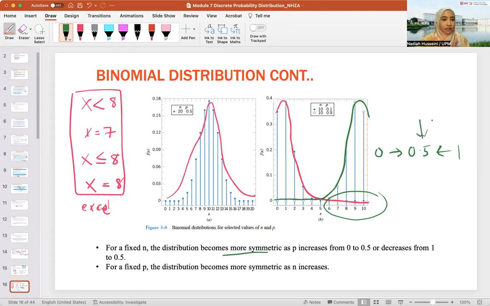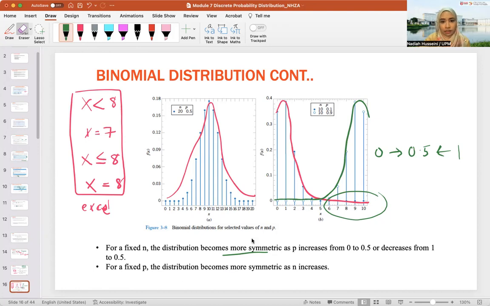So 0.5 is the ultimate probability to get a symmetrical graph. And for a fixed p, meaning your probability is fixed but you can change your n, the greater your n, the more symmetrical your distribution.